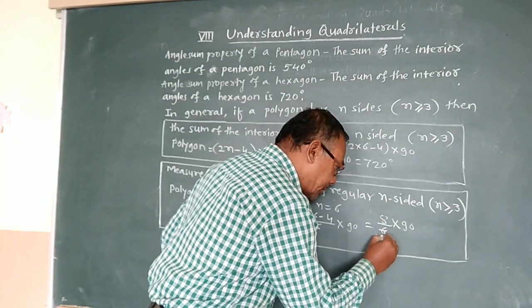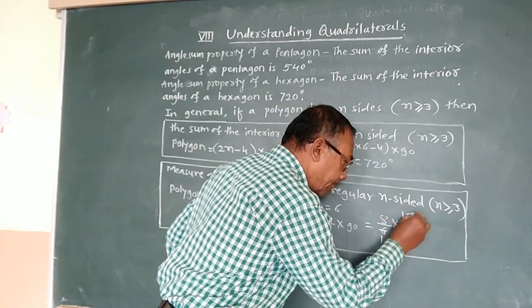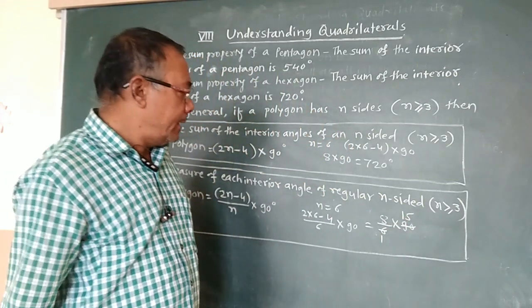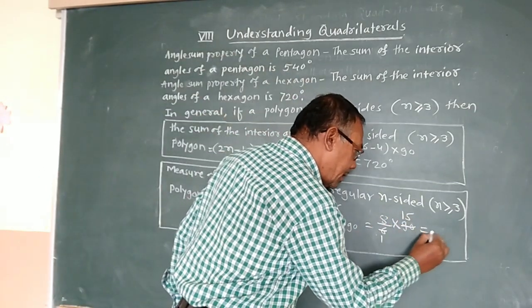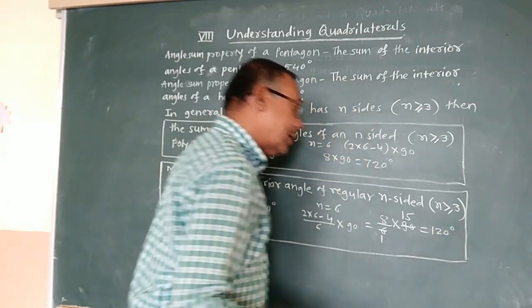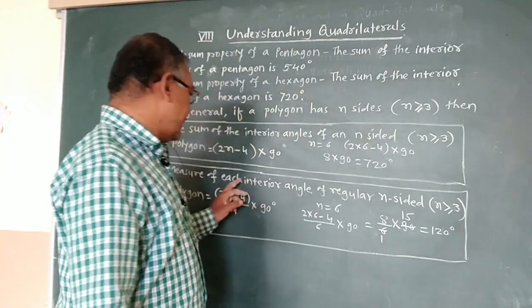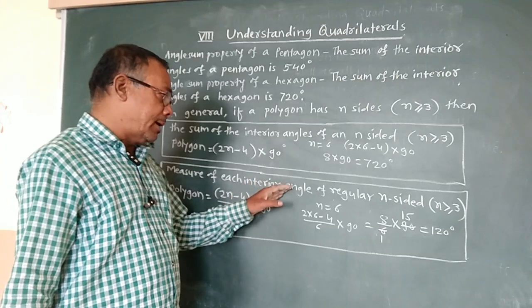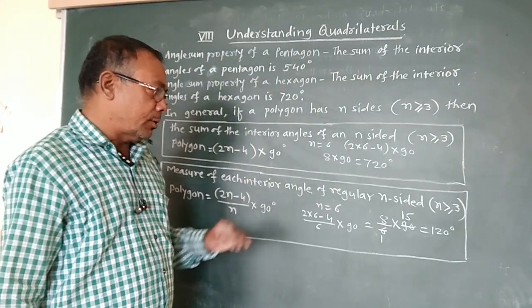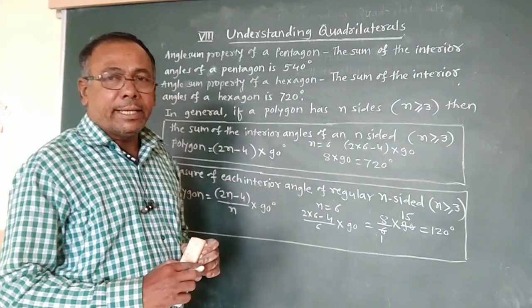Here 6 ones are 6, 15 sixes are 90, and 15 eights are 120 degrees, and therefore each interior angle of a regular hexagon is 120 degrees.